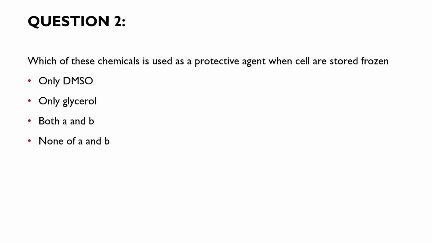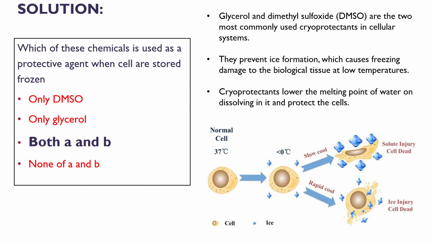Let's see what the correct option should be. The right answer for this question is both DMSO and glycerol. Both DMSO or dimethyl sulfoxide and glycerol are used as cryoprotective agents for the purpose of cryopreservation or the freezing of cells.